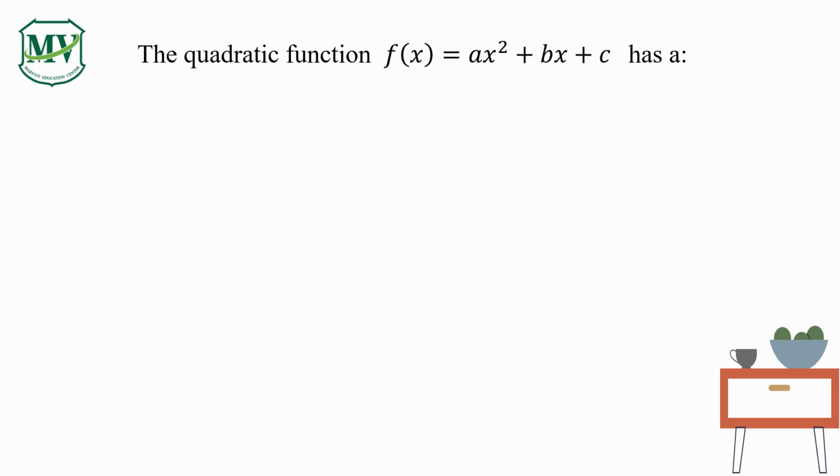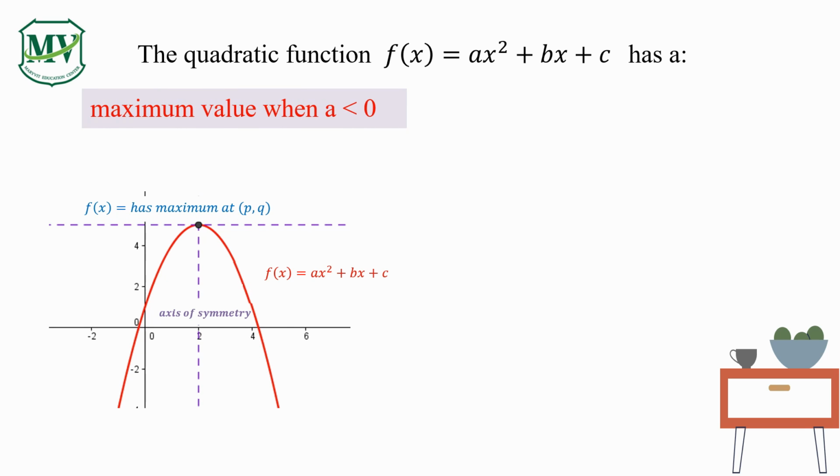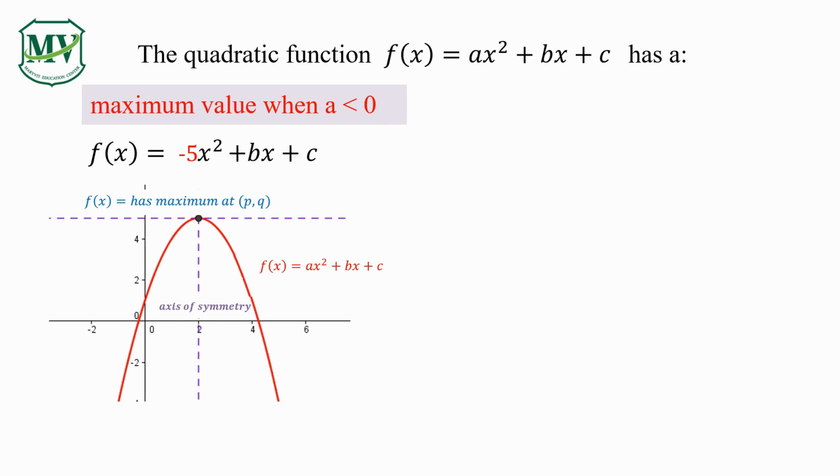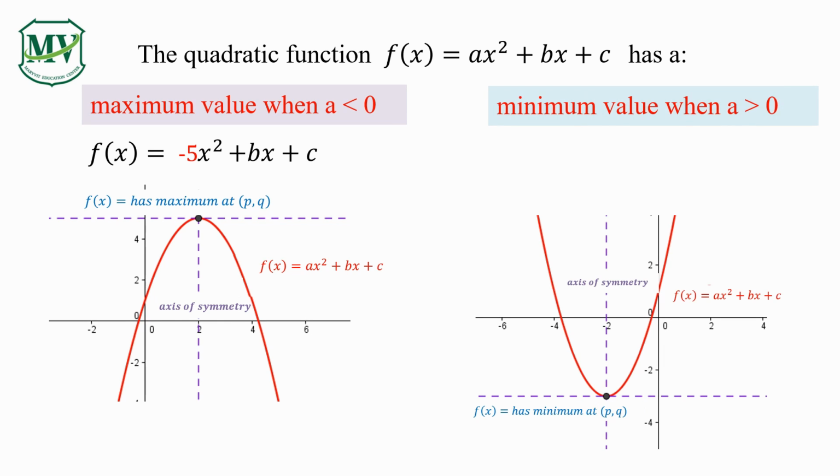The quadratic function has a maximum value when a is less than 0, like -1, -2, -3, -4, -5, or any negative number, and has a minimum value when a is greater than 0, like 1, 2, 3, 4, 5, or any positive number.